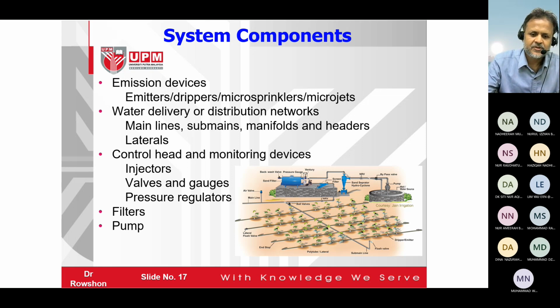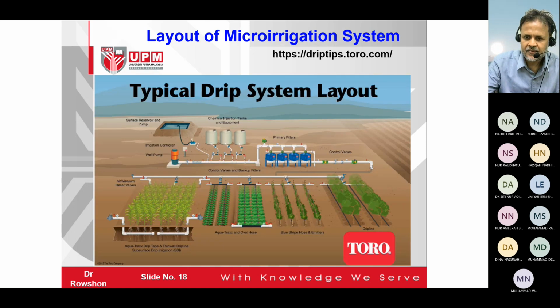All right, it's possible. So this one is called a header, but there is no header here. Actually, a header means one header connects a few laterals, maybe 2, maybe 4, maybe 8. In most cases, the maximum is 8.